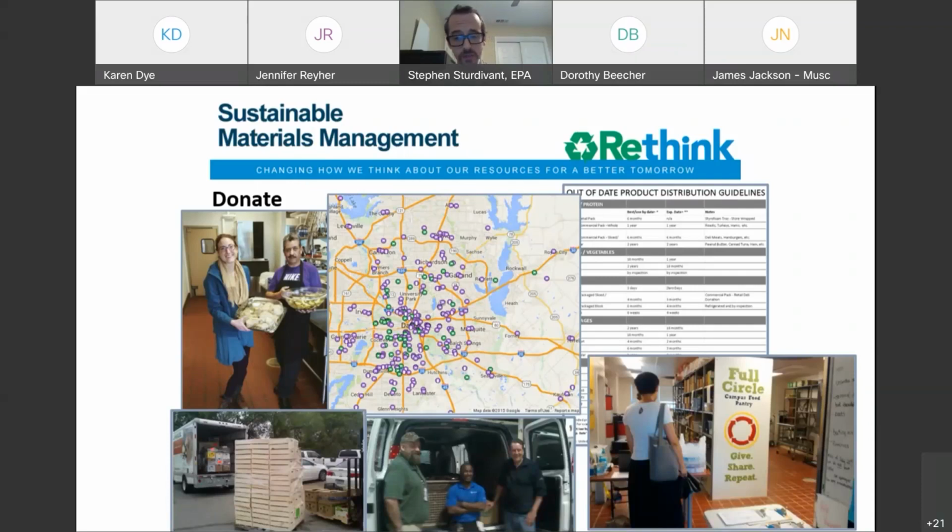And what I was also shocked to realize is a lot of them absolutely want this food. They want food donations. I didn't realize this, but a lot of them have to pay for the food that they feed to hungry families. They get a huge discount, don't get me wrong, but they still have to spend money on that food.